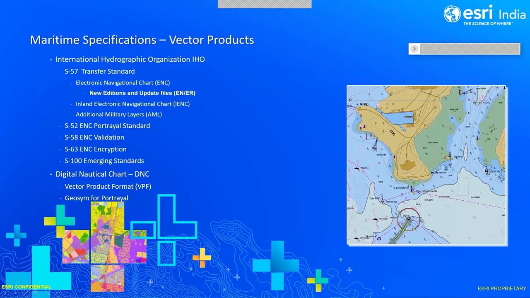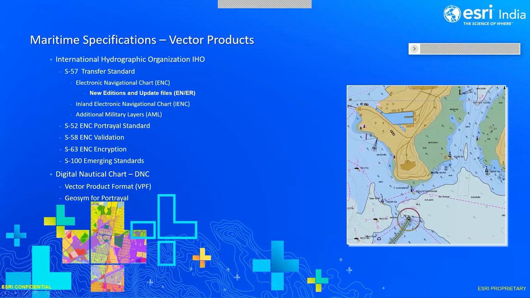S57 is used for transferring the data among the hydrographic organizations, and it can be updated based upon time, and it is easy for the hydrographic organizations to share the data in this particular format. When it comes to rivers or lakes, it is known as inland electronic navigational charts. And then we have additional military layers. All these formats can be generated using our ArcGIS software.